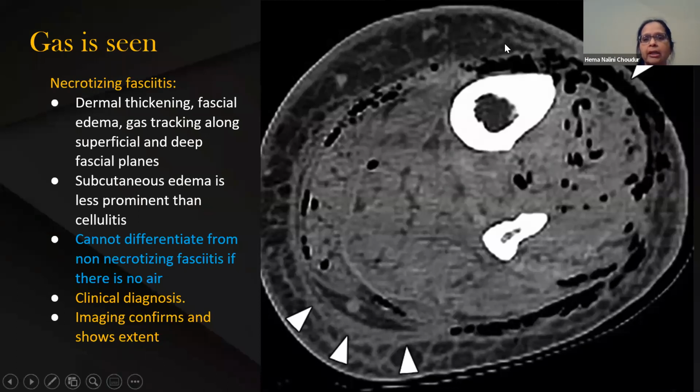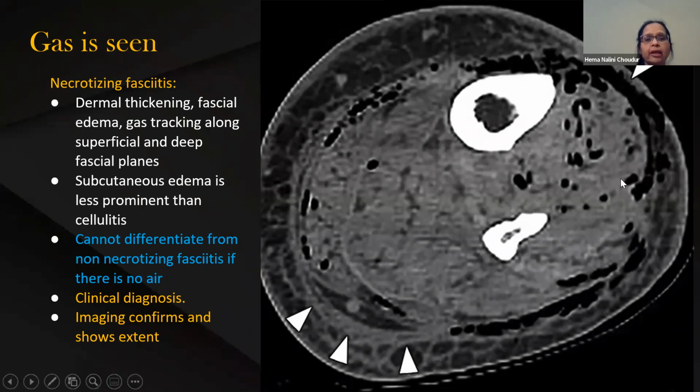But interestingly, you will see dermal thickness, but you won't see as much subcutaneous edema as you would with cellulitis. You can see gas tracking in the perifascial plane. There's perifascial fluid, and there is intramuscular gas in this particular patient. So this is necrotizing fasciitis without uncertainty.